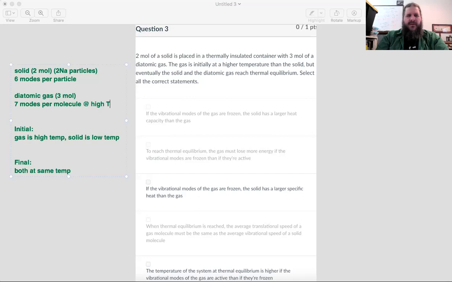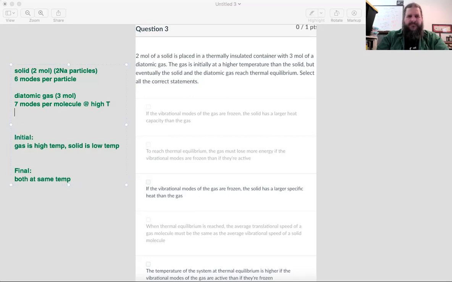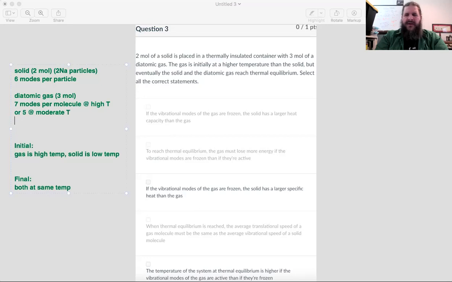What if it's at a lower temperature? Only 5. Right. We could have 5 at, I'm going to say, a more moderate temperature. What if it's at a very low temperature? If it's very cold? What are the only modes you would expect to be active at extremely cold temperatures?